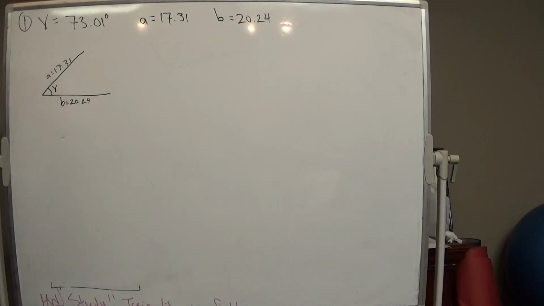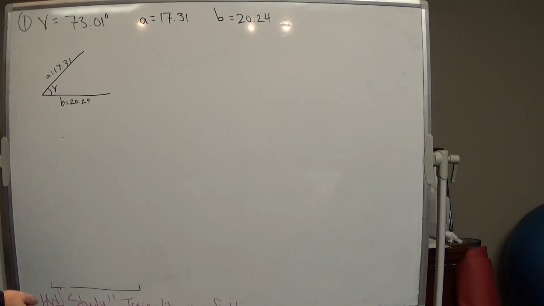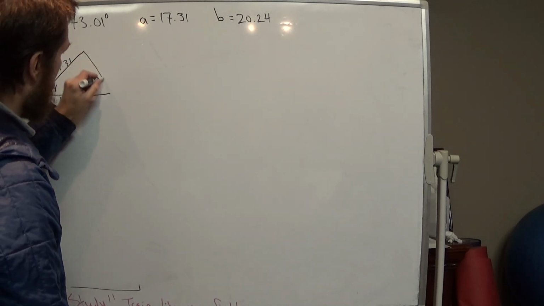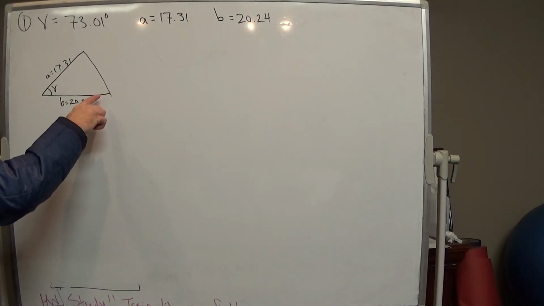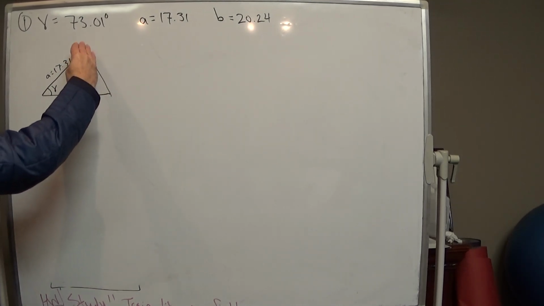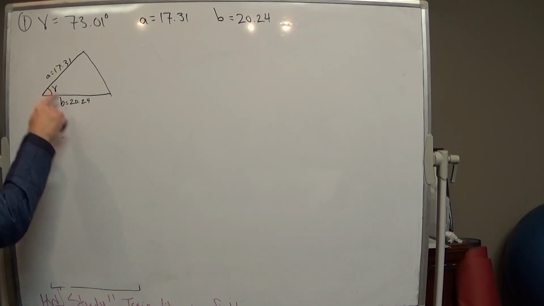17.31. Now, can't use law of sines because there's nothing across from here, so we have to use law of cosines. And let's talk about that. So this, the opposite side to this, should be like this. And we can kind of see from the setup that these have got to be acute, right? Since, I mean, they're very close to the same length.